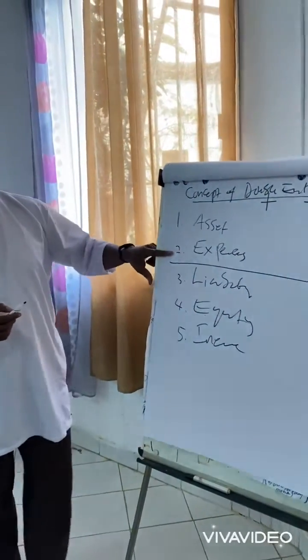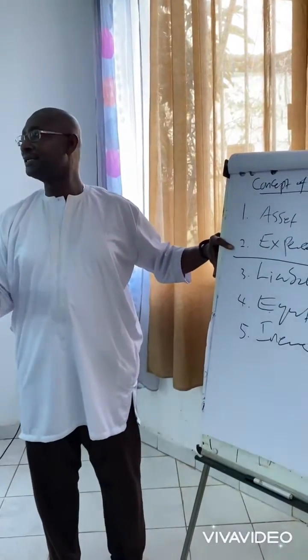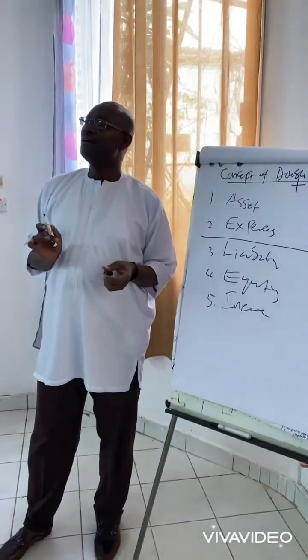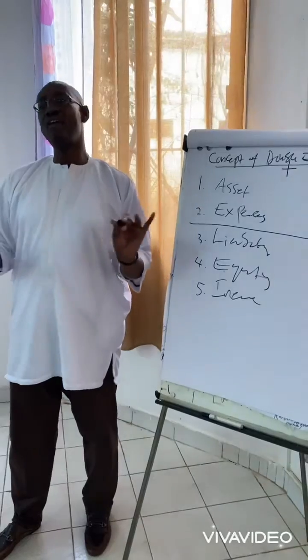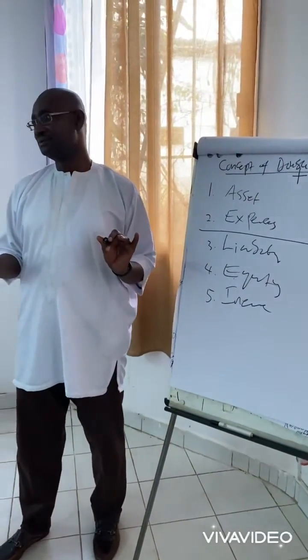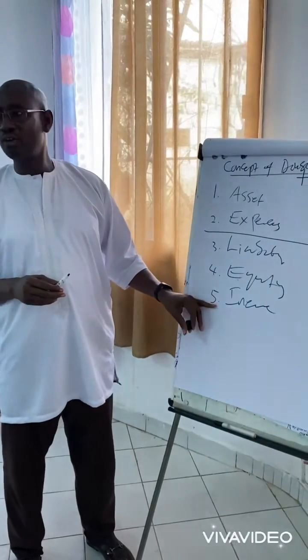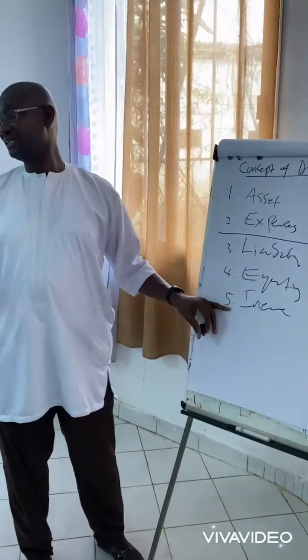These first 2, assets and expenses, always have what? A debit entry. On your trial balance, an asset and an expense will always have a debit entry. A liability, equity, and income on your trial balance will always have a credit entry.